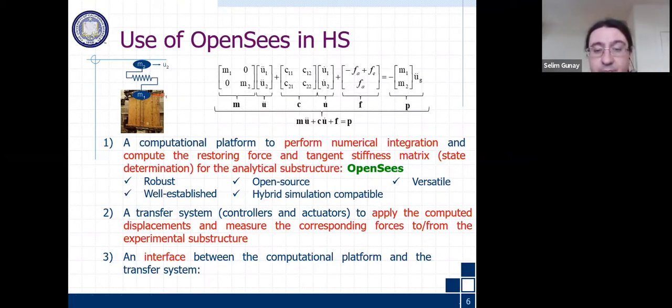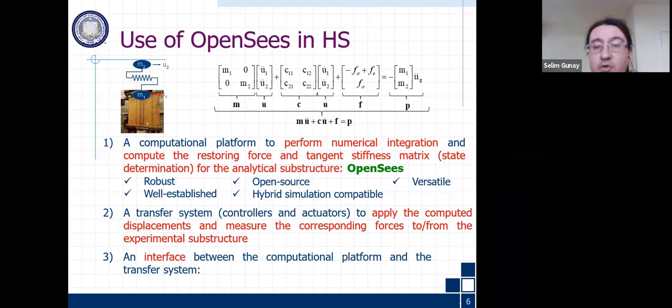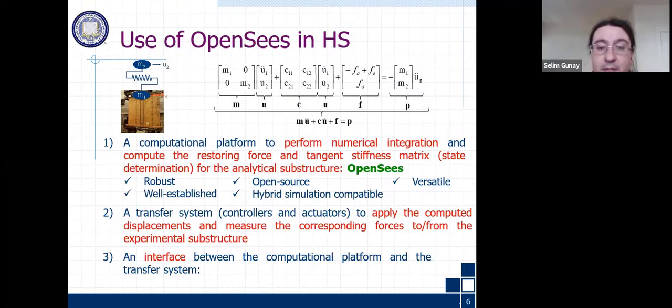And why is this important? As I will show in the coming slides, we cannot use just any integration method in hybrid simulation. We need hybrid simulation compatible and mostly explicit integration methods, and these are not that well known compared to other regular integration methods.